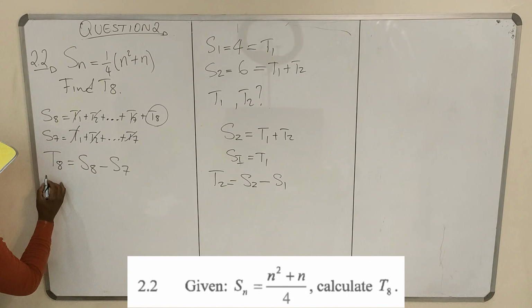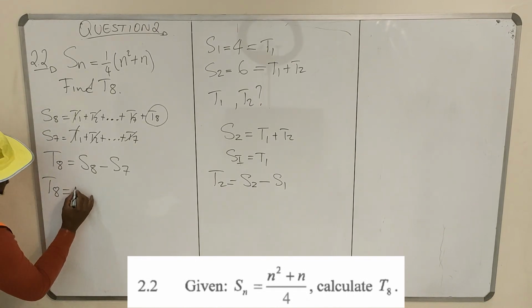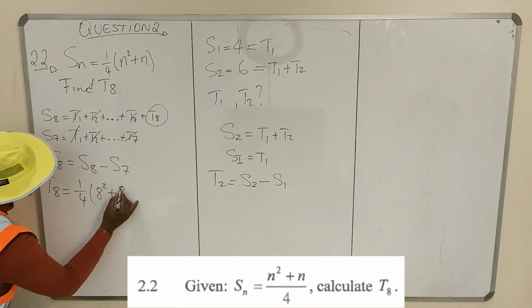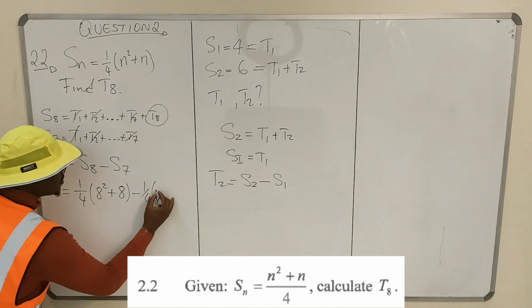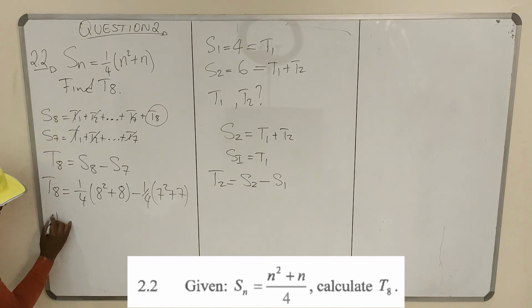So now to do this, we say T8 would be equal to S8 minus S7, which is 1 over 4 into 8 squared plus 8, minus 1 over 4 into 7 squared plus 7. The answer that you will get here will be the value of term number 8.